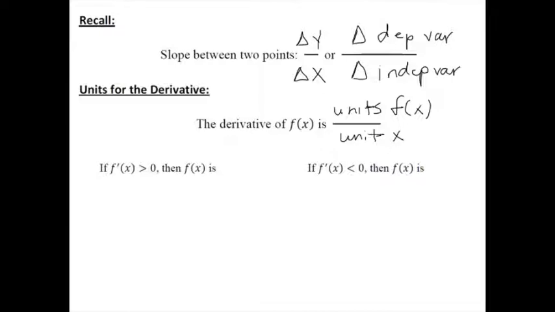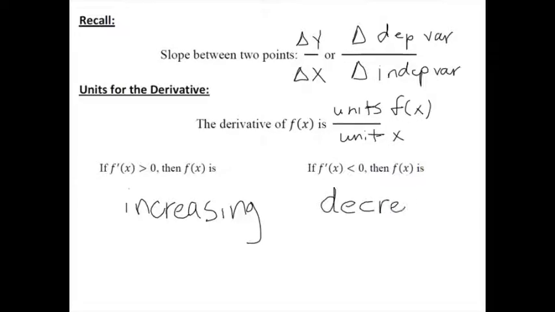Now from the videos, we learned that if the first derivative is greater than 0, then f of x is increasing. And if the first derivative is less than 0, then the function is decreasing. That's stuff you have to know.